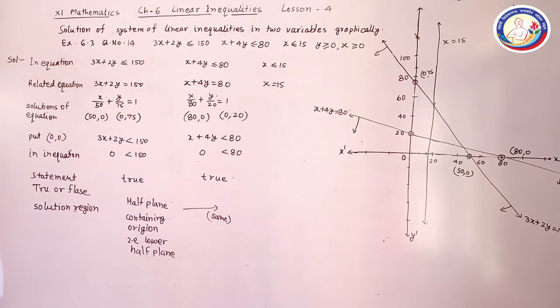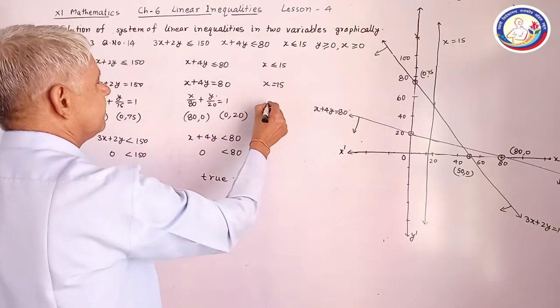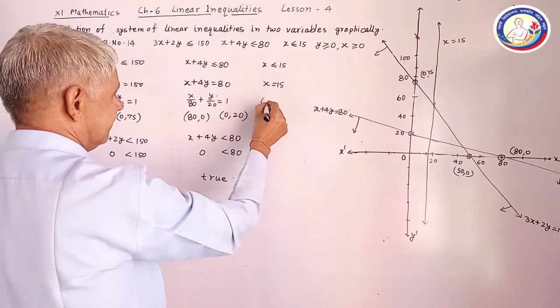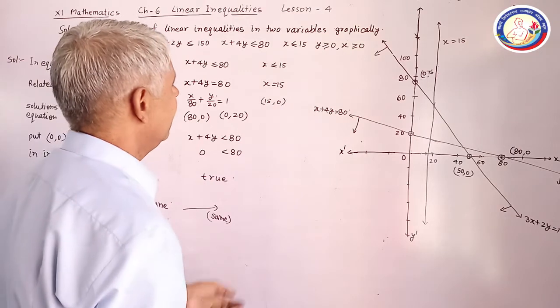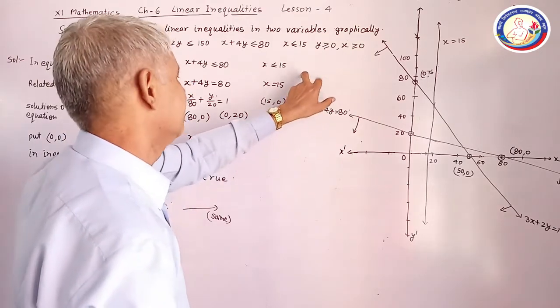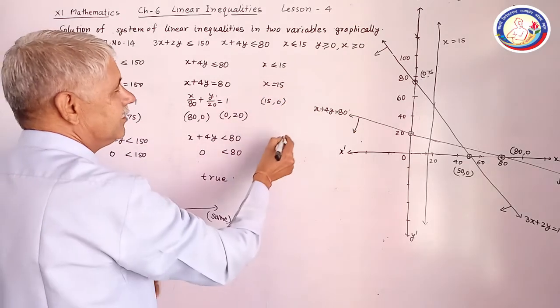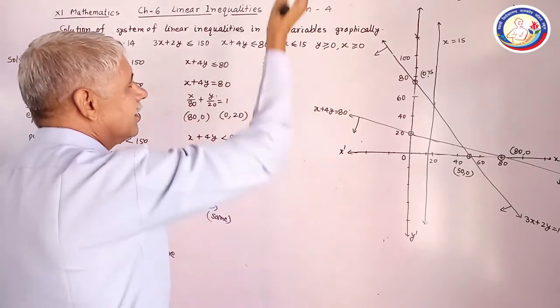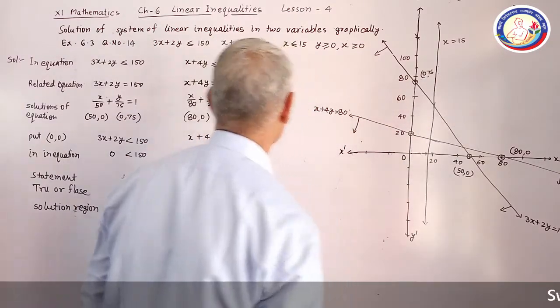Put here x equal to 0, and it will not meet the y-axis. It will be parallel to the y-axis. It passes through 15, 0. We can take any point also as the y coordinate.